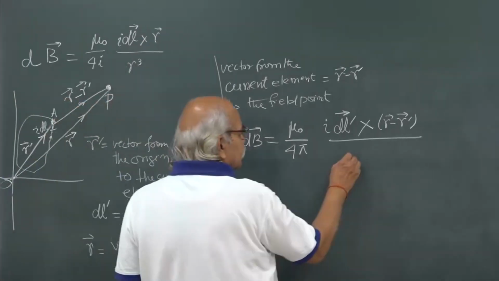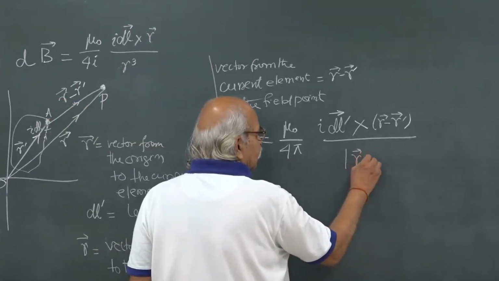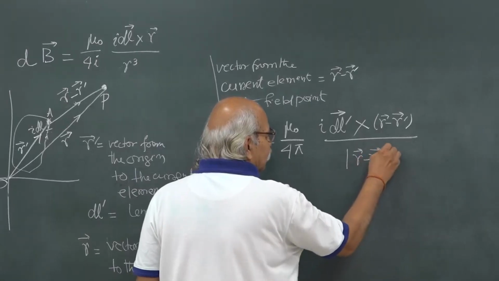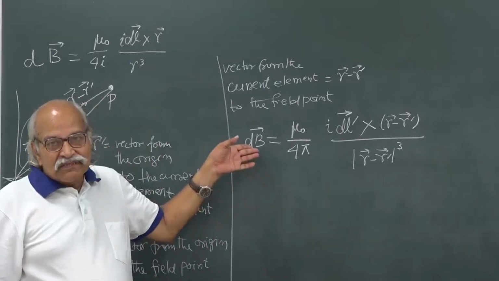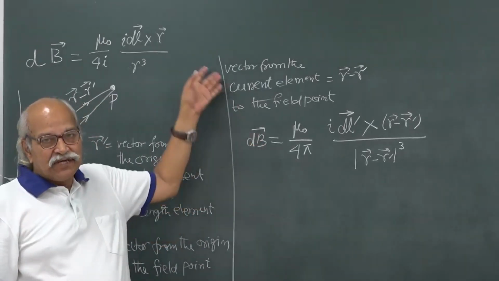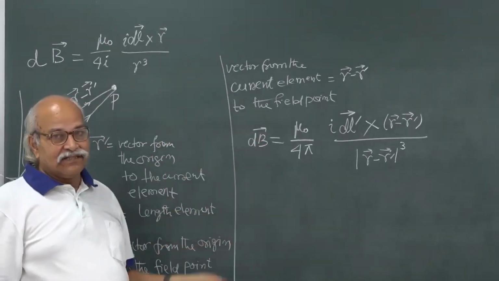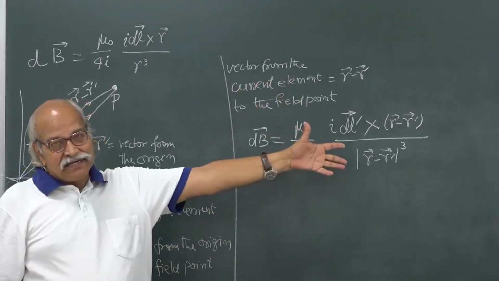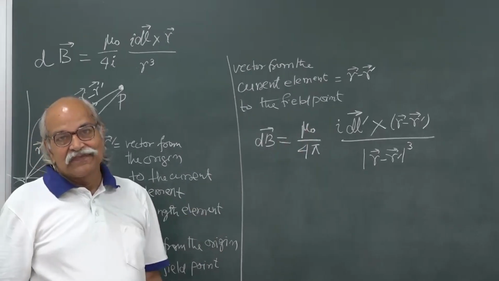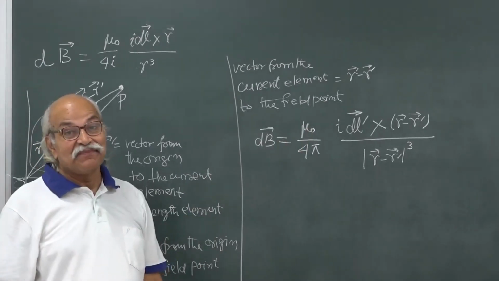So, the magnitude of this is mod of r minus r prime, and then cube. So, this is how the Biot-Savart equation is rewritten, and why we have written it this fashion will be clear once we go for the statement of Ampere's law.